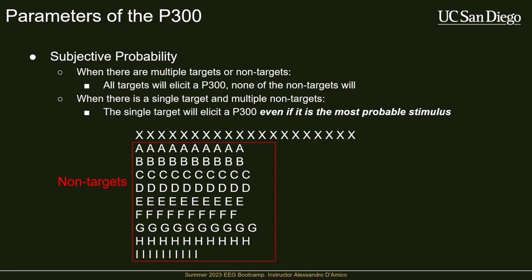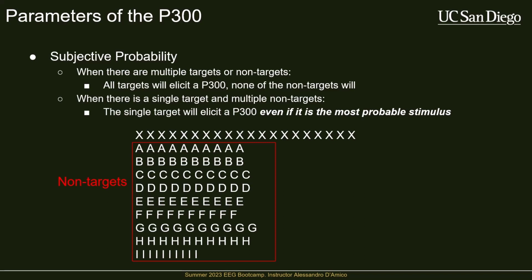First the target shows 10% of the time and the non-target 90% of the time, then target 20, non-target 80, then target 30, 40, 50. At 50, your stimuli are equally probable, but the task relevance comes into play, so you will see a larger P300 for the target than the non-target, but then they keep going.